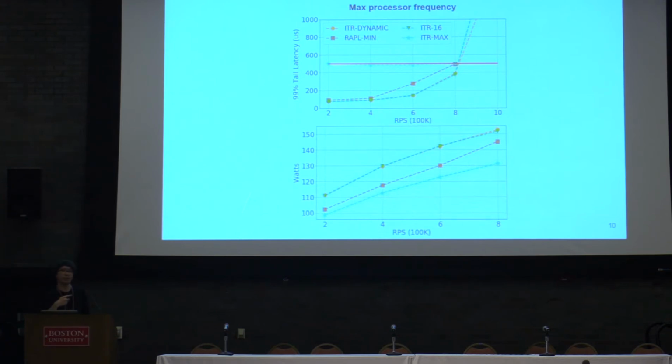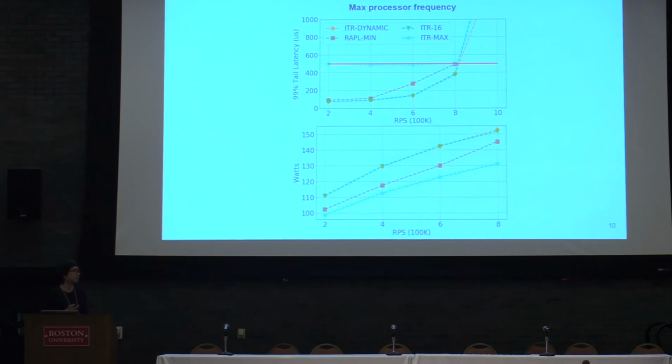The second graph shows the power usage at different request rates, so you can see that compared to doing the power limiting via the processor, we're able to save more power by delaying the interrupt as high as possible. One effect of really delaying your interrupt is that you've effectively moved your 99th percentile latency just under the SLA. And because you can tune this at 2 microsecond granularities, you're able to fine-tune how you manage that.